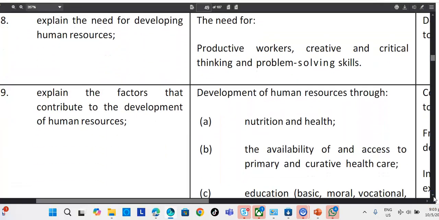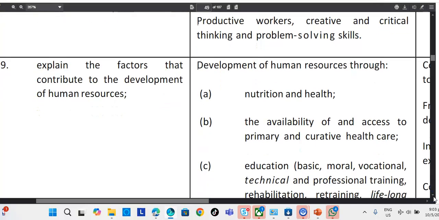Explain the factors that contribute to the development of human resources. All right, so we have many factors that contribute to the development of human resources, and we're going to look at a few of these. The first factor that will help to develop humans, their abilities, their talents, and their skills is nutrition and health.